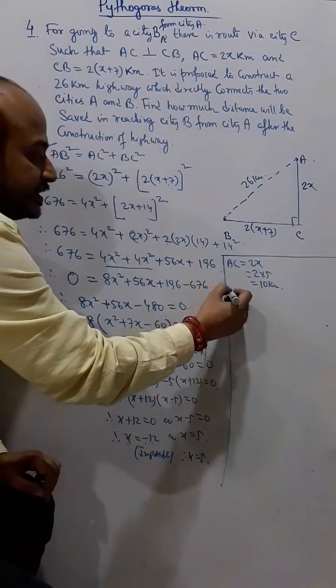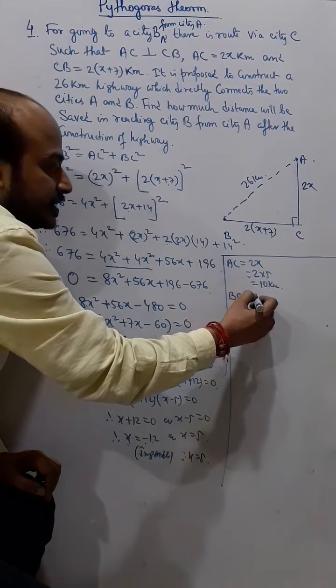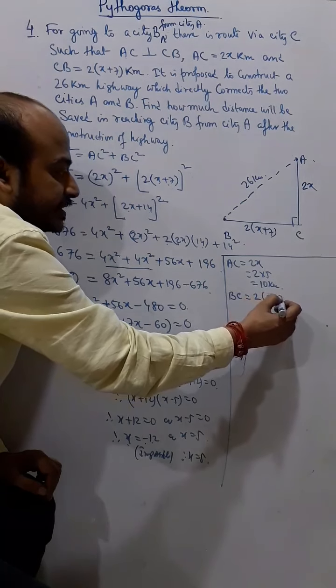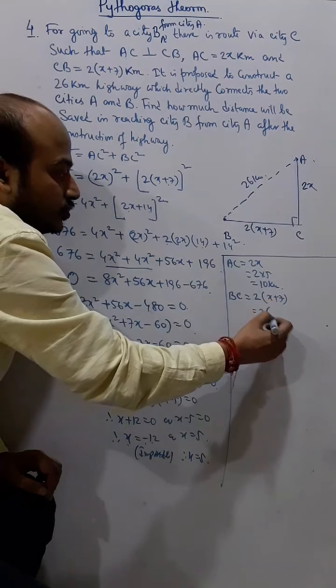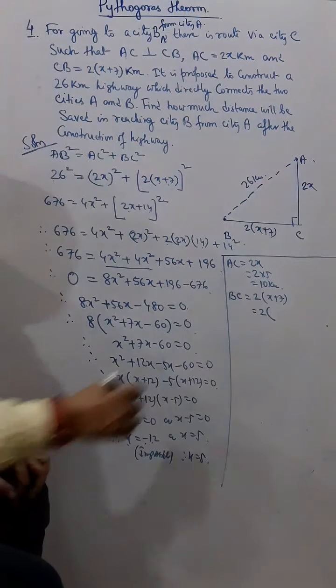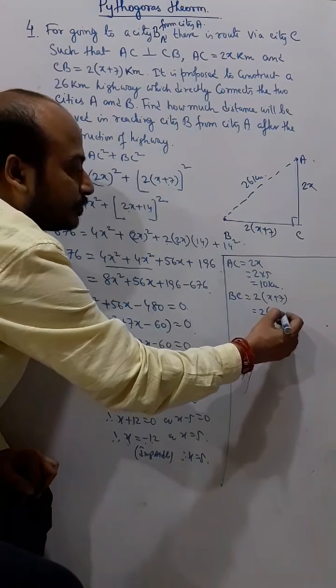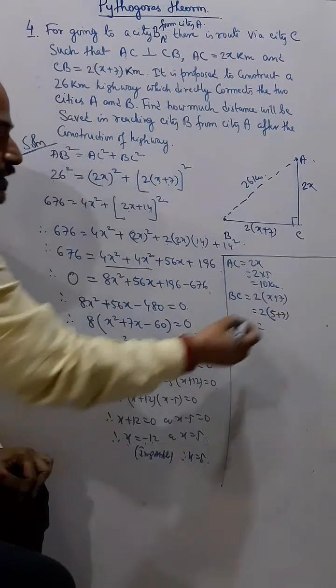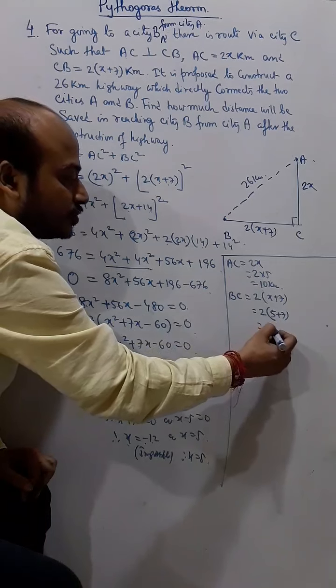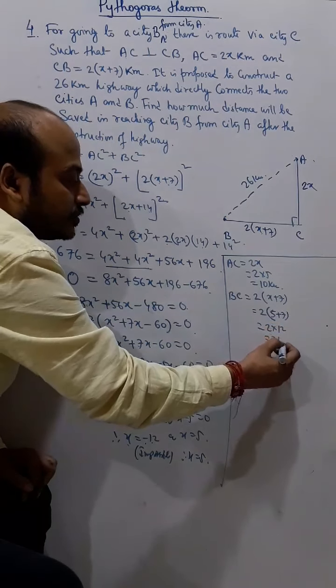And then we have BC, which is 2x plus 7. We got x is 5, so 2 into 5 plus 7. So we get 7 plus 5, 12. 2 into 12 is equal to 24.